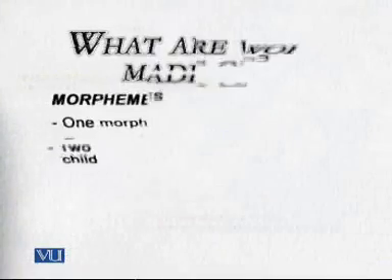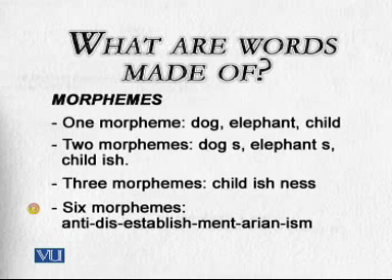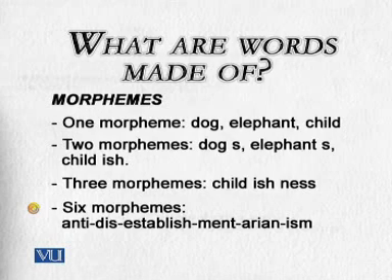As I said, 6 morphemes is about it in the English language, and the word goes as disestablishmentarianism. If you analyze this word, it has morphemes: dis is one morpheme, establish is the second, and ment, so disestablishment is 3 morphemes.